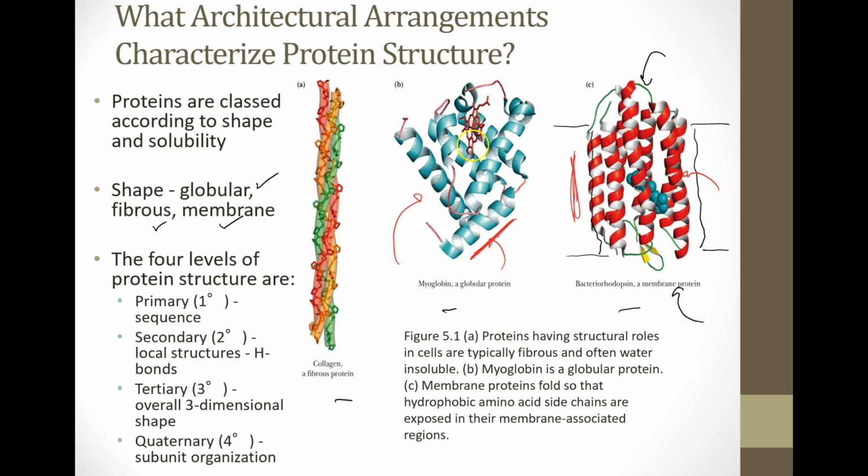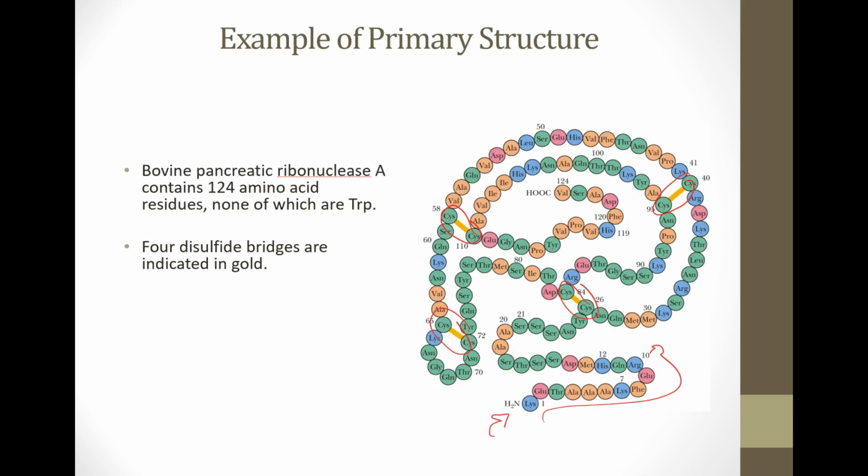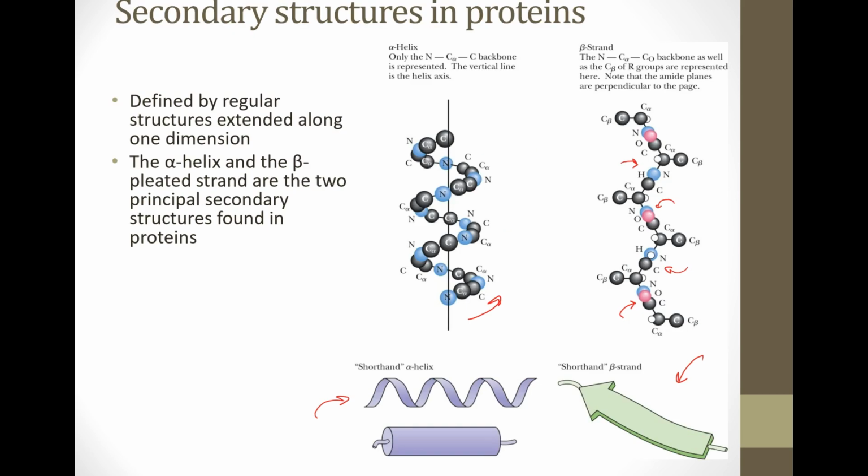However, you do see a little bit of distortion of the coil here. You see a little distortion of the coil here. And that's okay. A little distortion's alright. They are flexible. They're not super rigid. And that gives you the ability to tweak structure function of a protein.